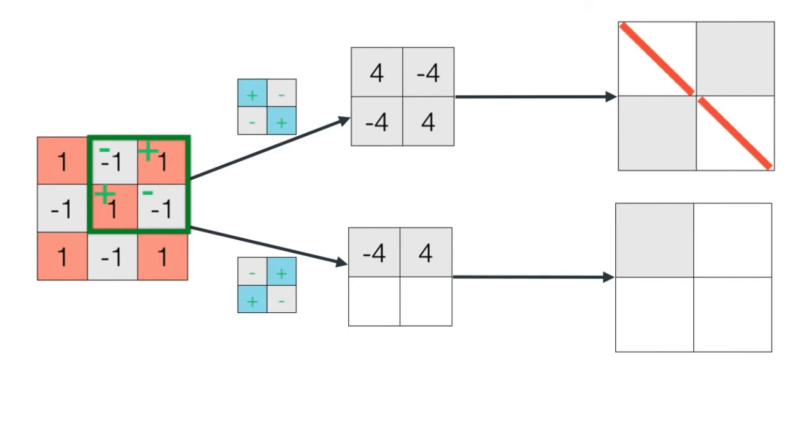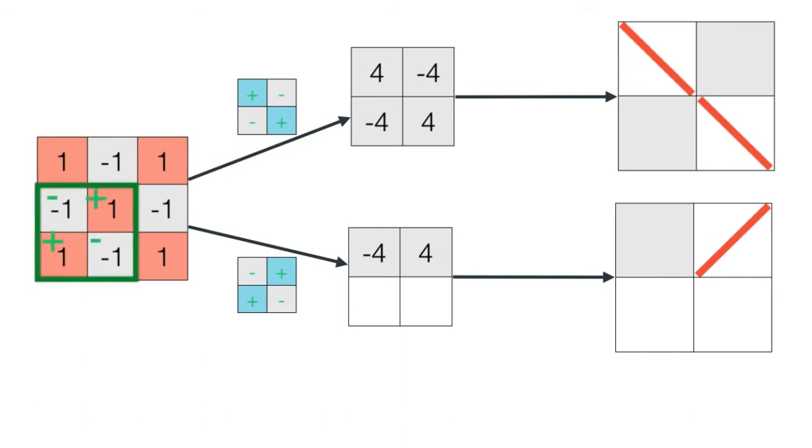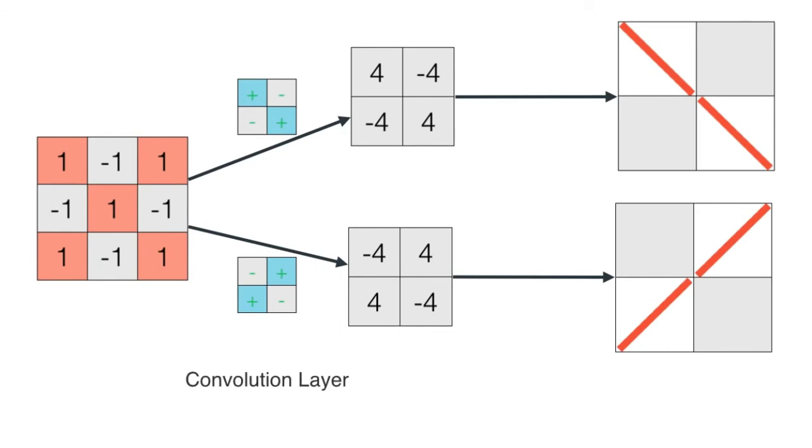So we go to another one and we get 4. So we did find something, and it says again we found the forward diagonal, but when we go again to check the last one, we haven't found anything.